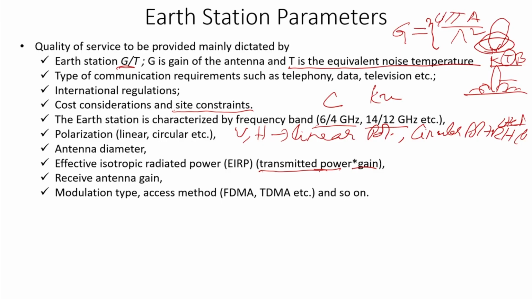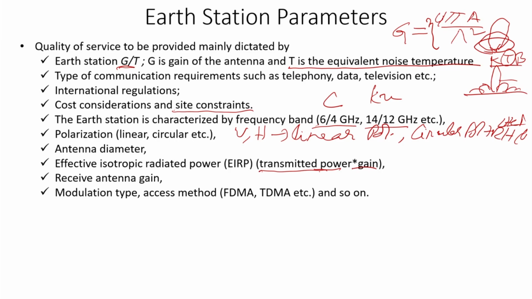There are also different types of access methods, called multiple access, that is, multiplexing the different users and the different channels. This is called the access method. There can be FDMA, the frequency division multiple access, time division multiple access, and another type, code division multiple access. There are so many types of multiple access, and that also needs to be considered.